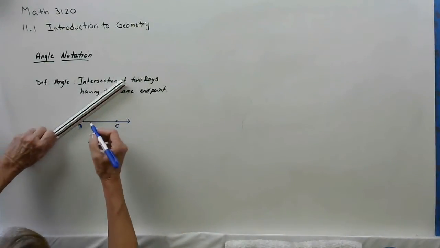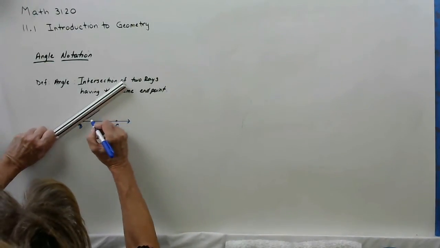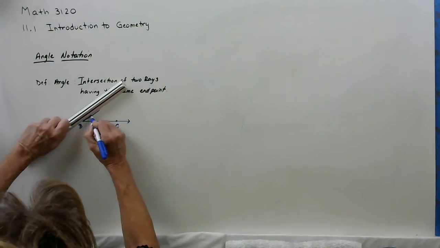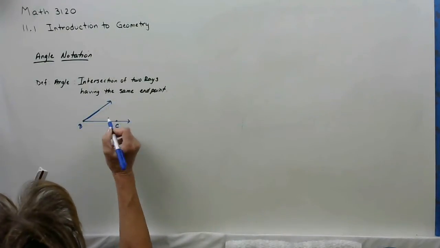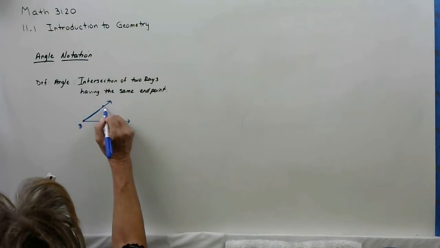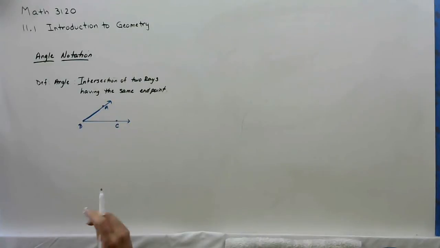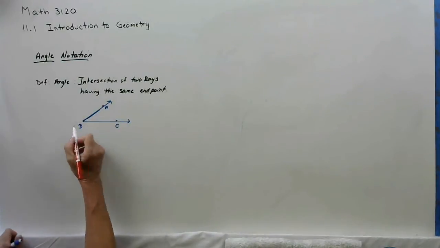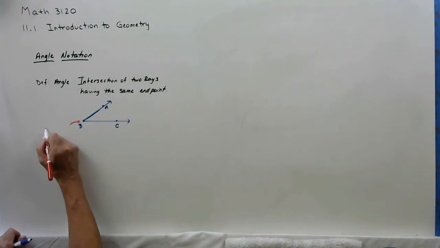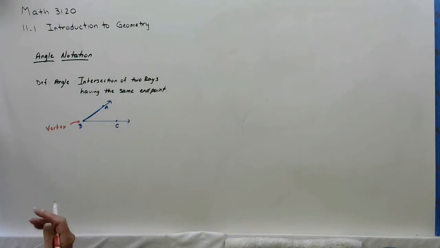And I'm going to make another ray, sorry, my ruler slipped, and I'll say this one's passing through point A. So here's an angle. Now there's various parts of the angle, so let's identify them. The point of intersection is called the vertex. That's the hinge, if you want to think about it that way.